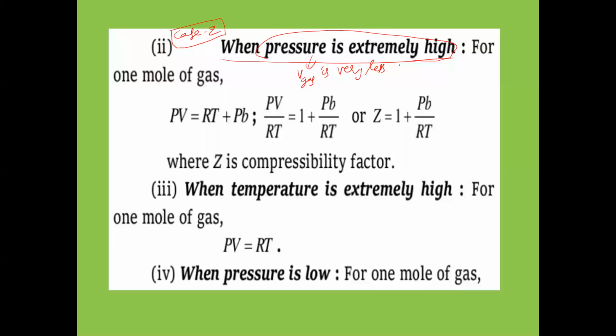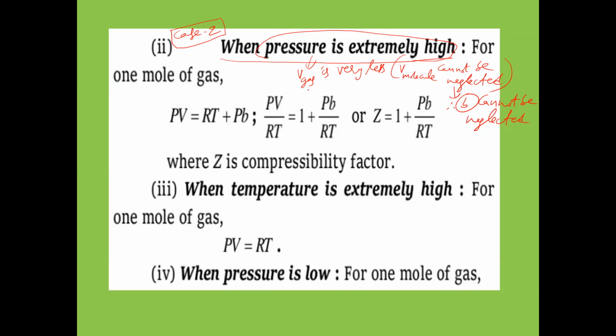When the volume of gas is very less, the volume of gas molecules cannot be neglected. That means b cannot be neglected; b should be taken, not neglected. Is that clear? So the volume of gas is very less here at extremely high pressure.